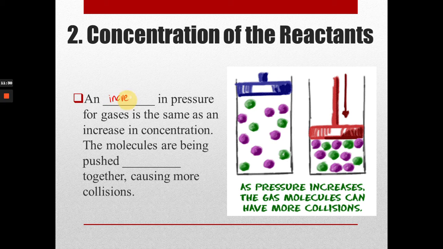So here for gases, they're not in aqueous solution, but an increase in pressure for gases is just like increasing the concentration. Think back to what we learned about gas laws: if we increase the pressure, it means we decrease the volume. Those are inversely related.